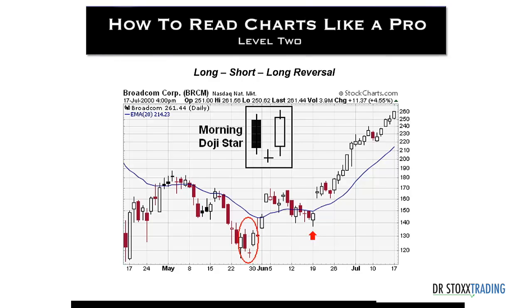And again, it doesn't matter where the second candle, where the short candle is. It can be down here at the bottom, up at the top, or somewhere in the middle. Doesn't matter. As long as you have those three, long, short, long, and the two longs are in opposite directions, and if they're placed at the end of a downtrend or the top of an uptrend, you've got your reversal candle formation.